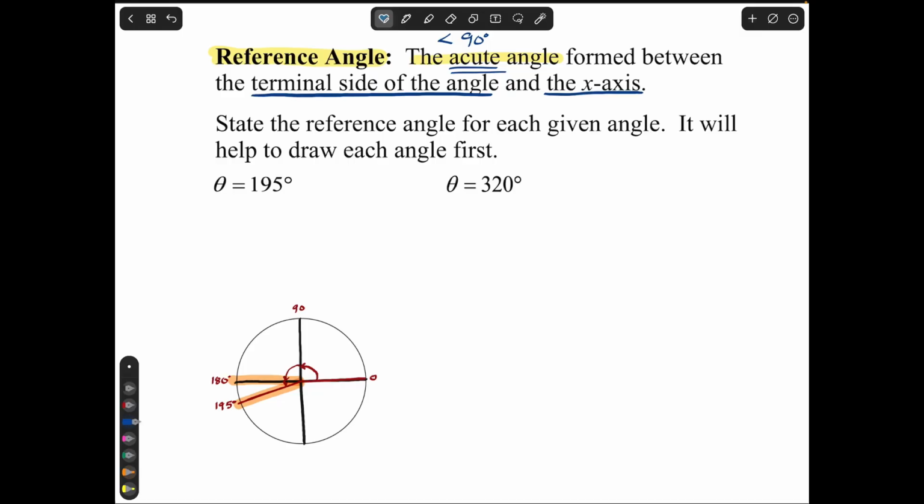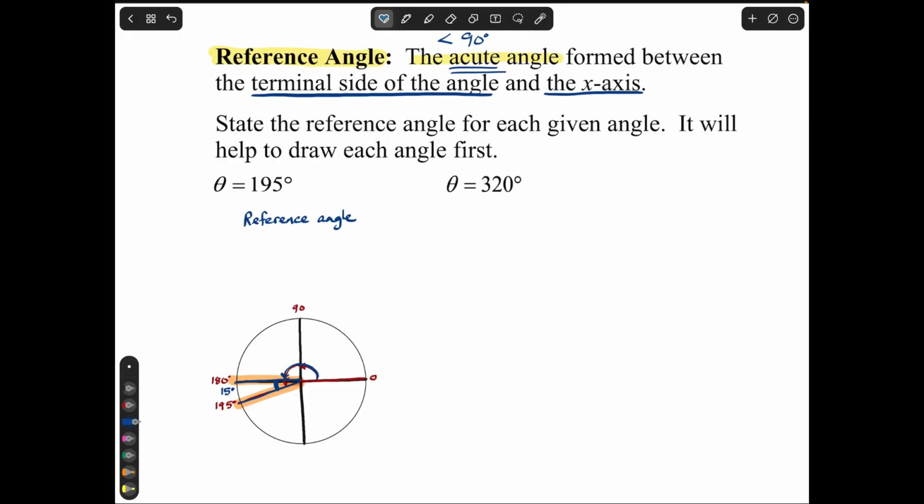It's not very big, because we went 180 degrees to here. That means that this leftover piece has got to be 15 degrees. So our reference angle is going to be 15 degrees. Remember, 15 degrees is an acute angle, so that makes sense.